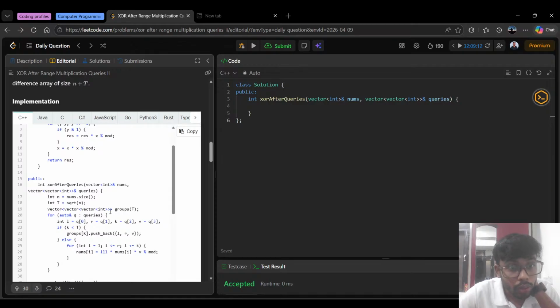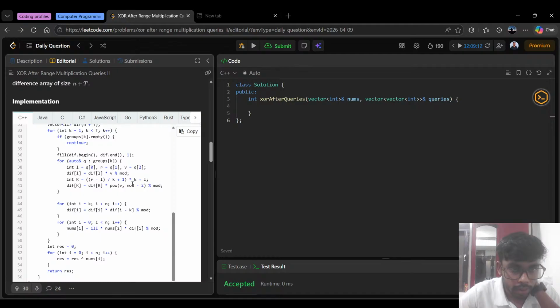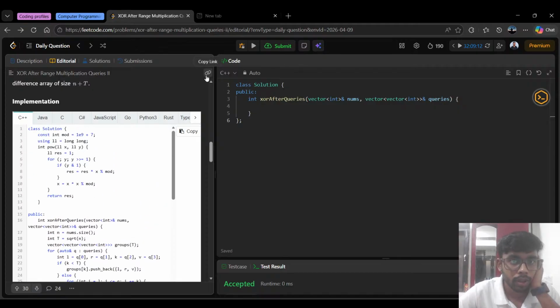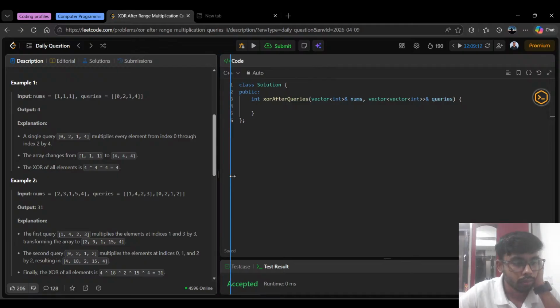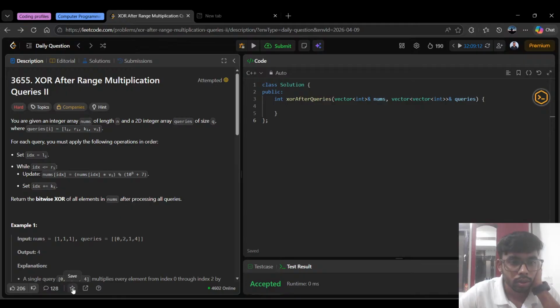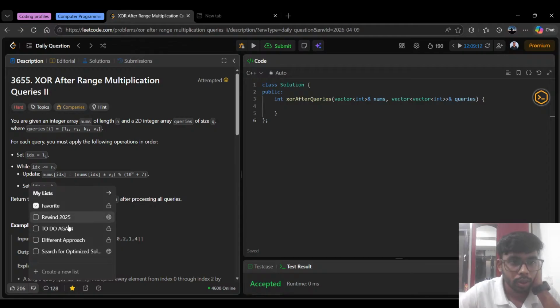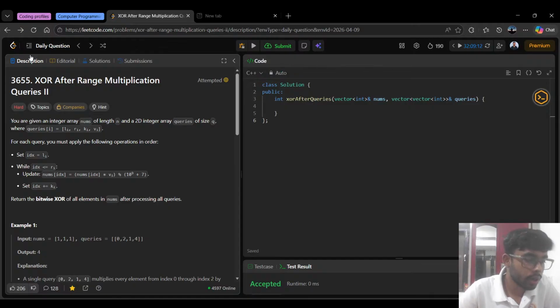Okay, vector of groups. I need to create a list and add it into the complicated part.